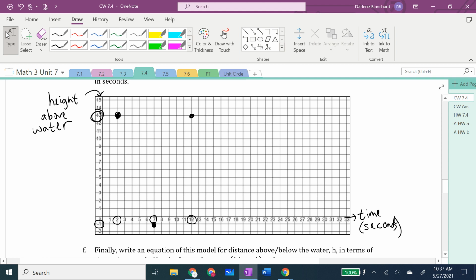And one thing that could help with plotting, with getting this graph drawn more accurately, is to figure out what those midline points are. My highest and lowest are 13 and -1.